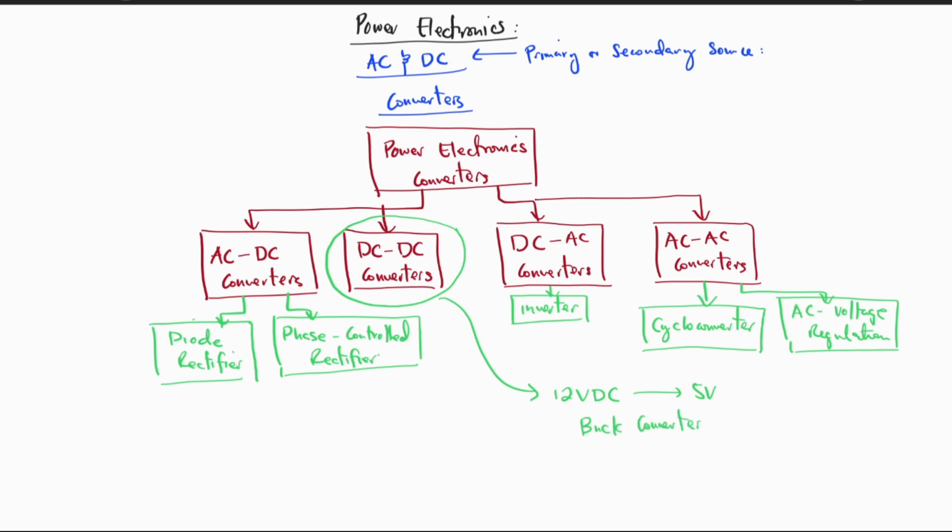This buck converter is responsible for stepping down a higher voltage to a lower voltage. And if we have, for example, 5 volts DC and we want to increase the voltage magnitude to a higher value such as 12 volts DC, then we normally use a boost converter.